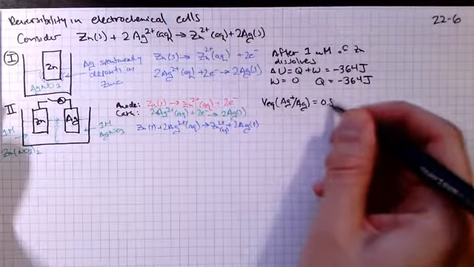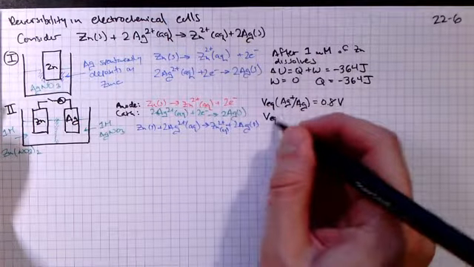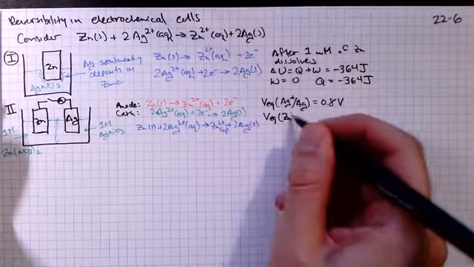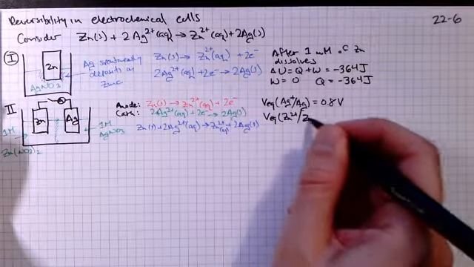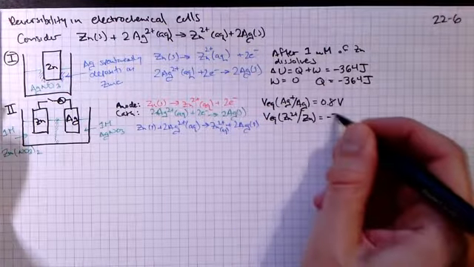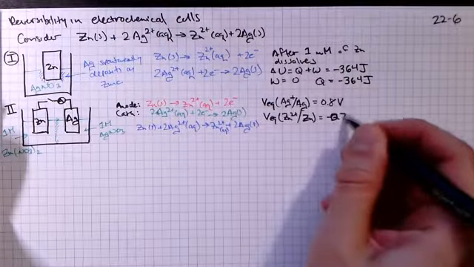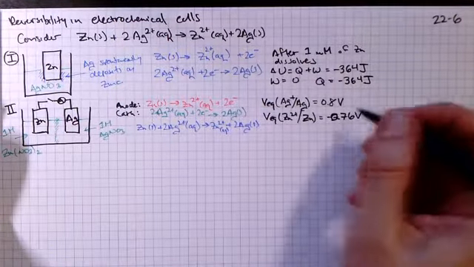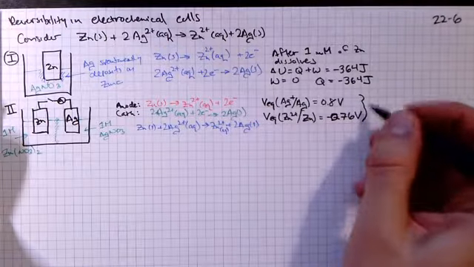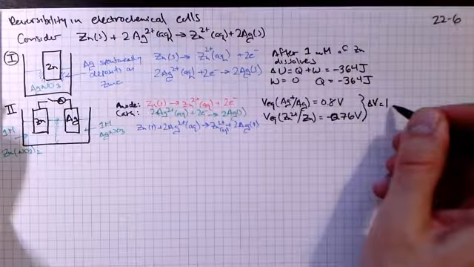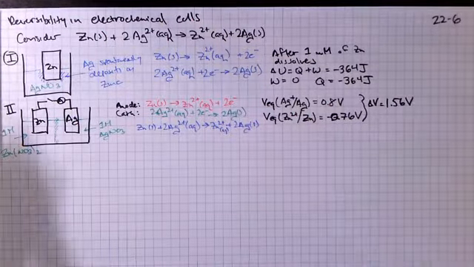And we would get 0.8 volts. What is the equilibrium voltage of the zinc in equilibrium with the zinc ions? We would get minus 0.76 volts. So we get a total delta V of 1.56 volts.